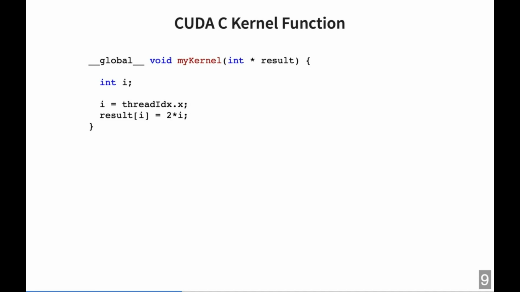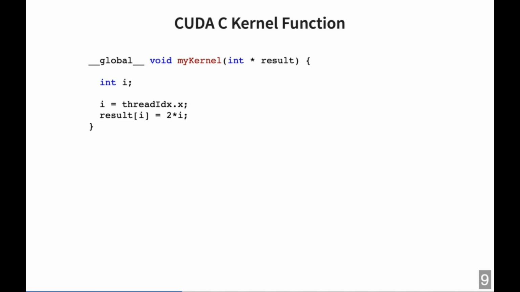So this __global__ thing is a special CUDA attribute, which is saying this piece of code is something I want to execute on the GPU.